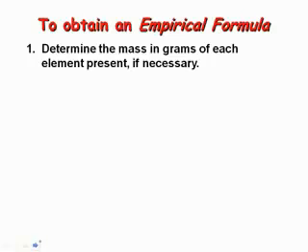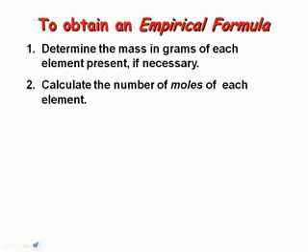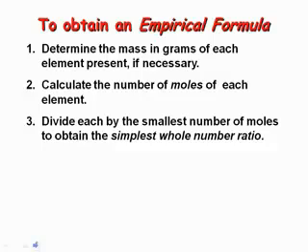All right, to get an empirical formula, here is the basic procedure that we're going to follow. You're going to find the mass in grams if it's needed. Sometimes they will give you the mass of each element in the compound. Other times they're going to give you a percent composition, and we'll look at what you do if they give it to you in that way.